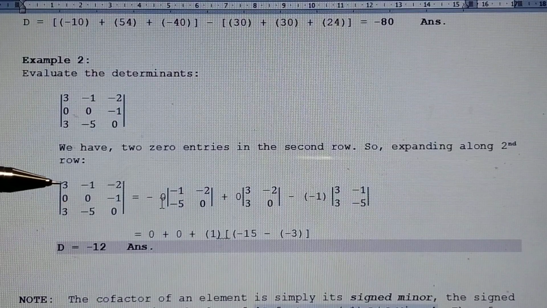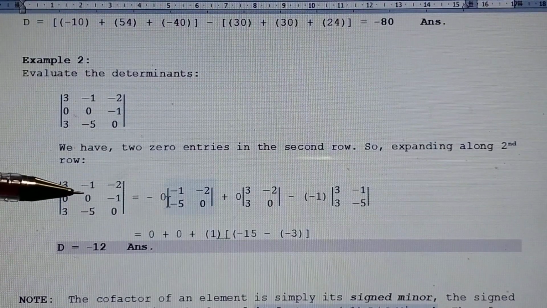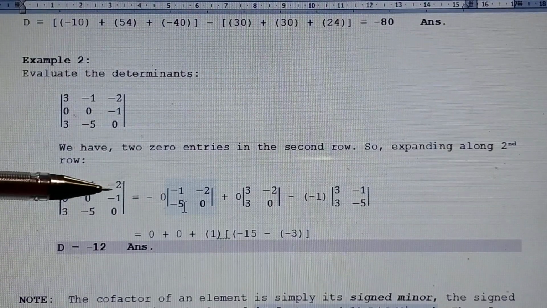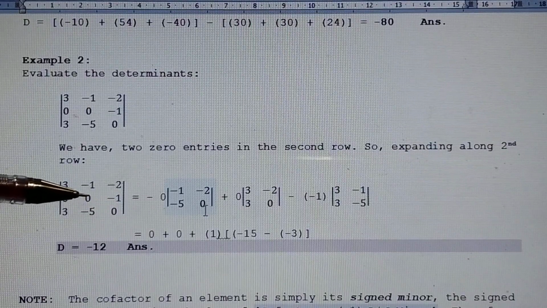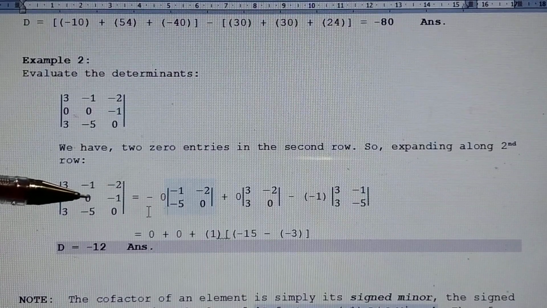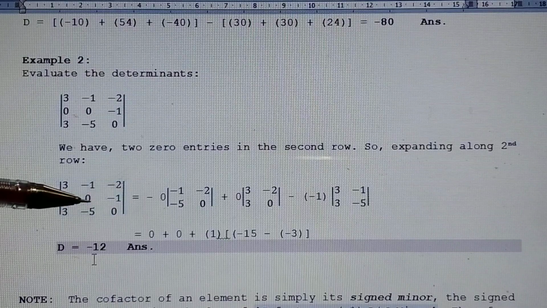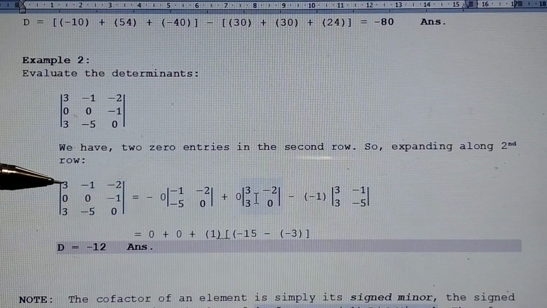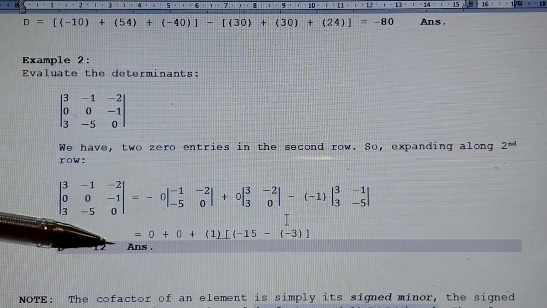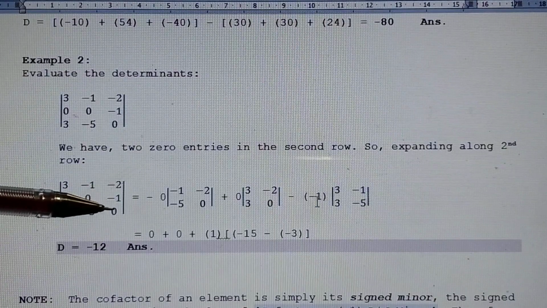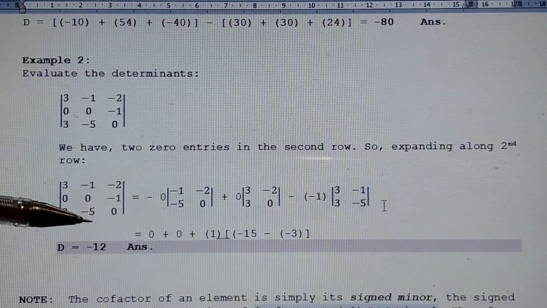Then 0, this is the second row, cross out column 1. So what remains are negative 1 and 5, negative 2 and 0. Then for the second, that is the minor 22, because row 2, column 2, what remains is 3 and 3, negative 2 and 0. Then for the negative 1, what remains is 3 and 3, negative 1 and 5.